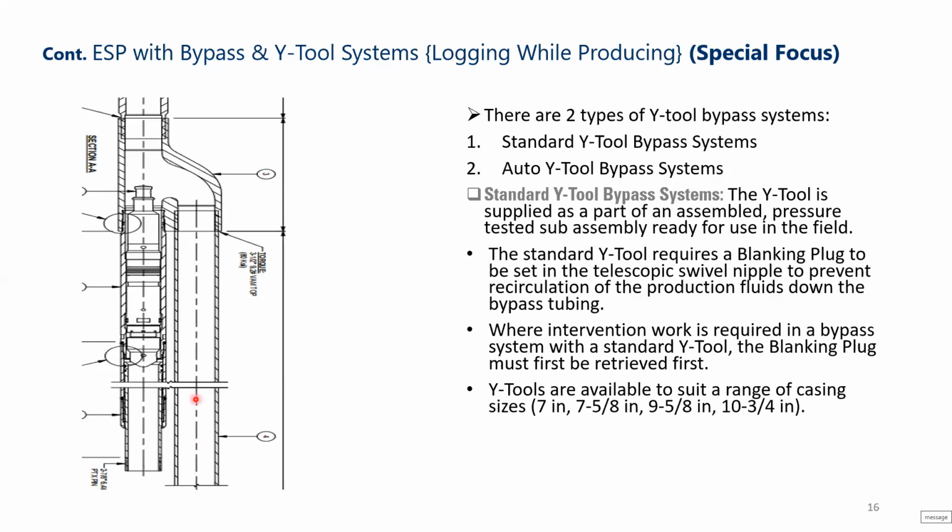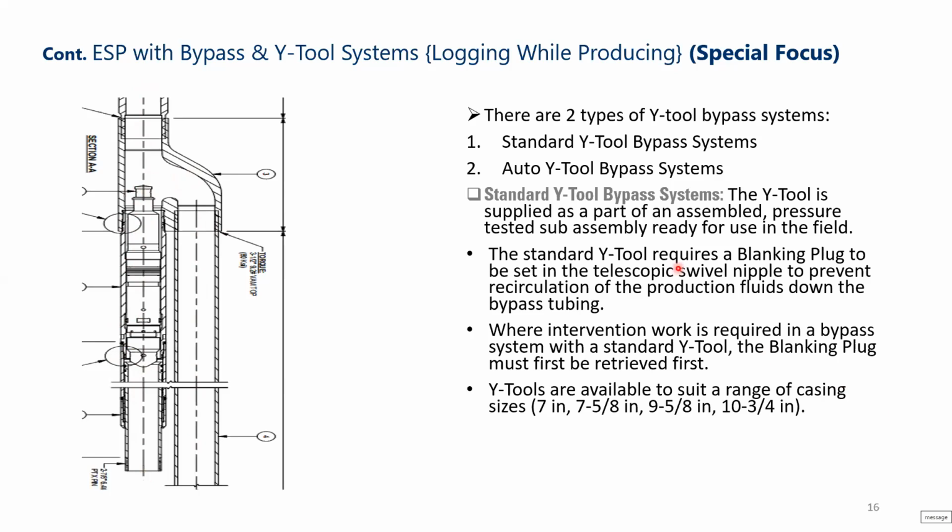So when you are producing from the ESP and there is no plug here, there will be a circulation. So you will not obtain the pressure at the surface. The reason is because here will be hollow, with no obstruction. So whatever you're producing from here will be circulated back into the well. And then you will end up not having any flow at the surface. The ESP will be running, but you will not be obtaining any wellhead pressures.